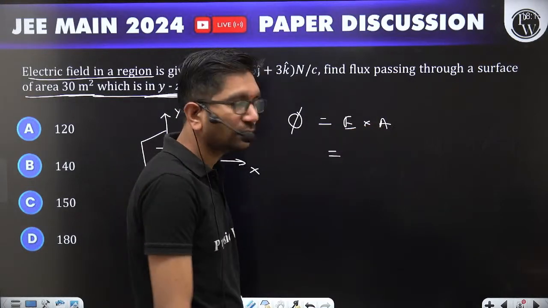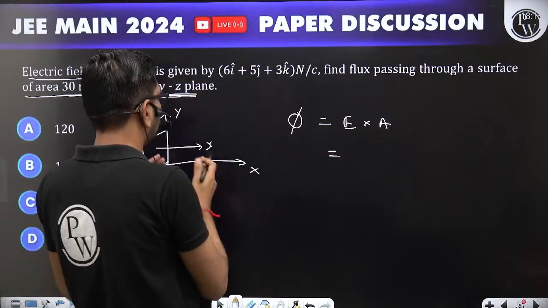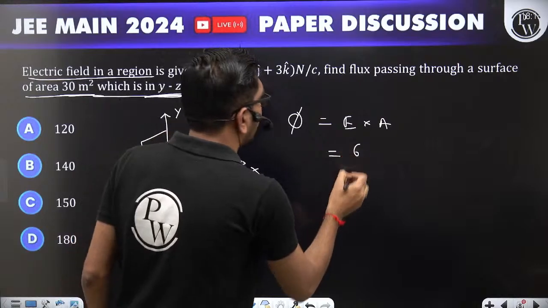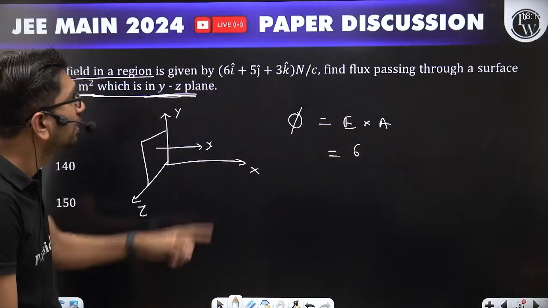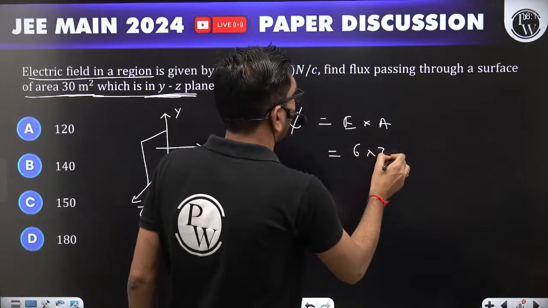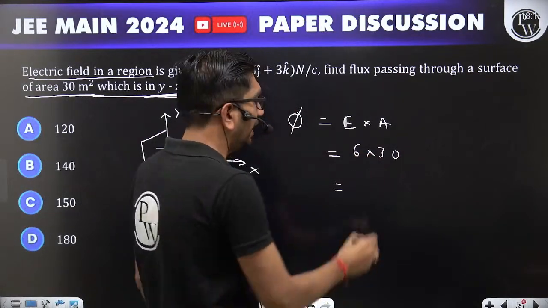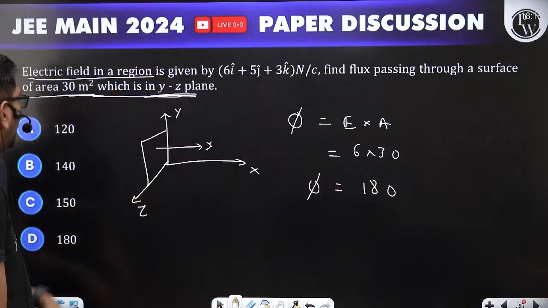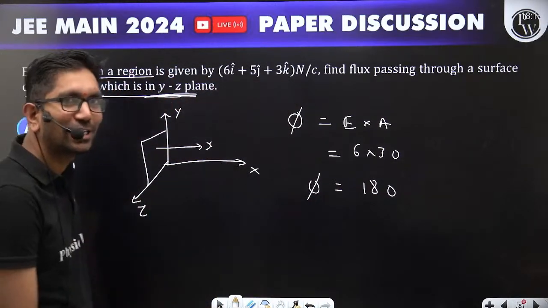Now, along the x-axis only we have to consider here. So along the x-axis, the electric field you have is 6. And the area is what? 30. 6 into 30 is 180. So finally, the flux, what did you get, beta? 180. This is also a very simple question.